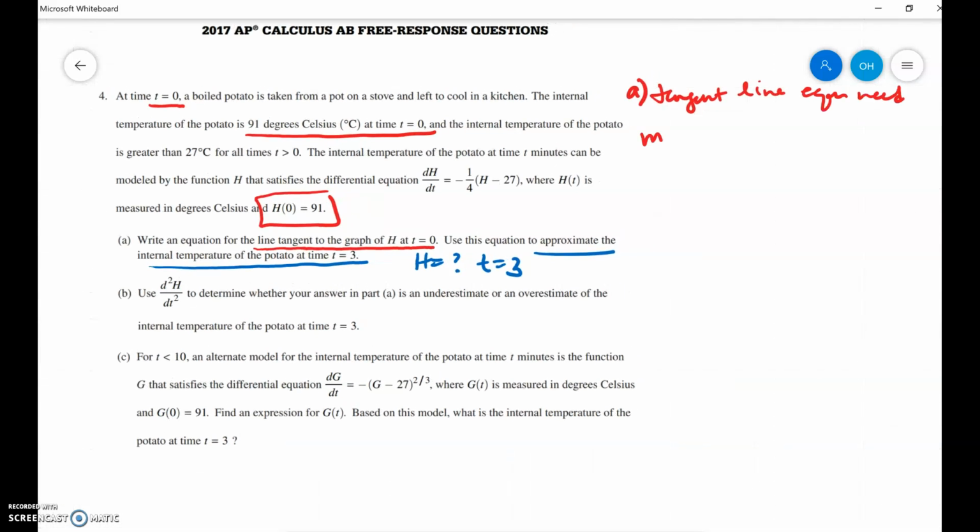we need the slope, which is equal to h prime of t, and we're going to evaluate that at t equals 0. And we need a point on h, and they gave us that here. Okay, because that's where it's going to be tangent.